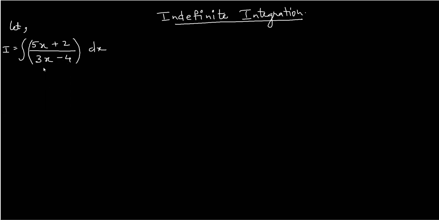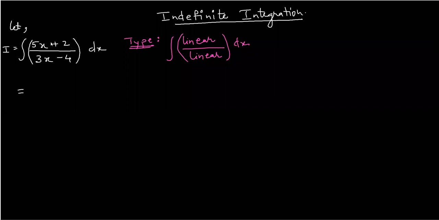See, what I do here is, first of all, let me write that this problem is a particular type of problem. What is this type? We have linear in numerator, linear upon linear. This is a linear algebraic expression in numerator.